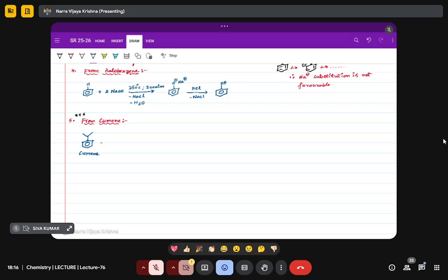Allowed to react with oxygen on heating. What happens, sir, here? Oxygen gets substituted at the benzylic hydrogen, meaning here this hydrogen. So it leads to the production of this intermediate. Here you will have OOH. Cumene hydroperoxide.